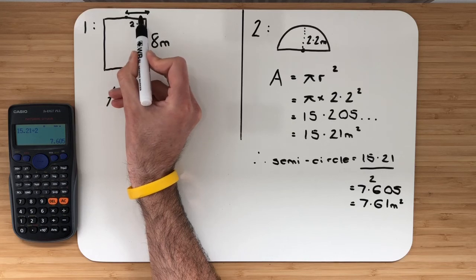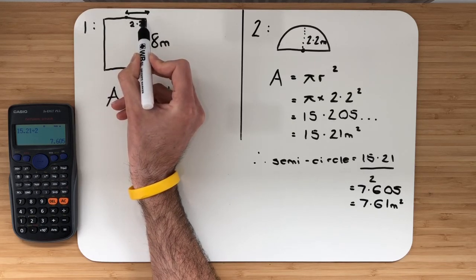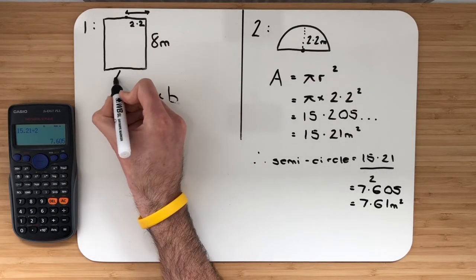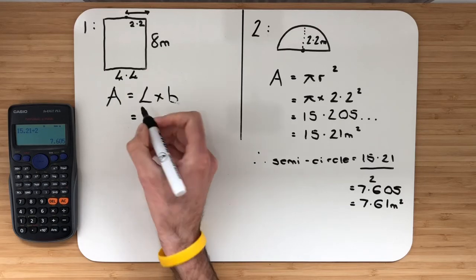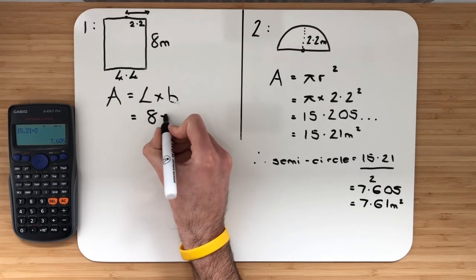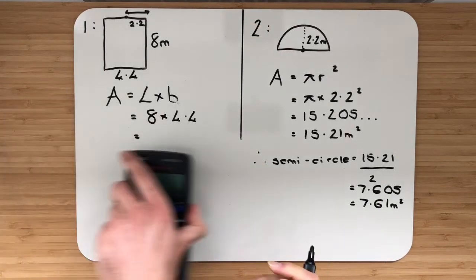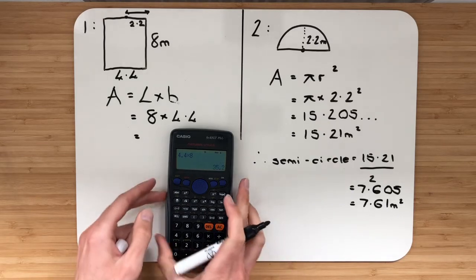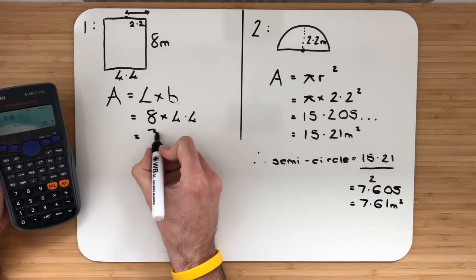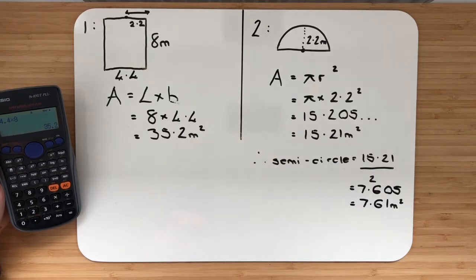That represents the radius being 2.2, so therefore the full length, i.e. the diameter, will be 4.4. So let's just mark that down here, 4.4. So substituting into our formula, I have 8 multiplied by 4.4. I'll take that into my calculator. That gives me 35.2, and it will be square metres.